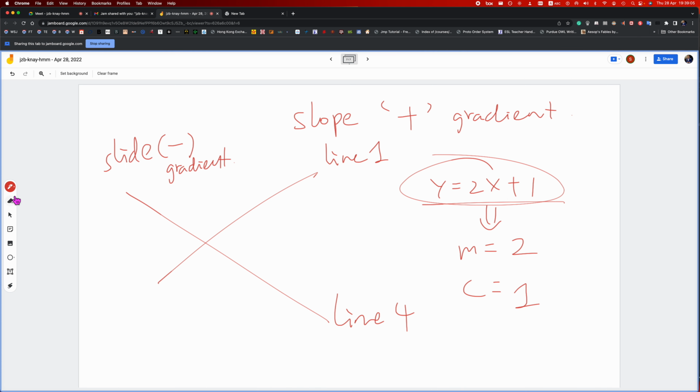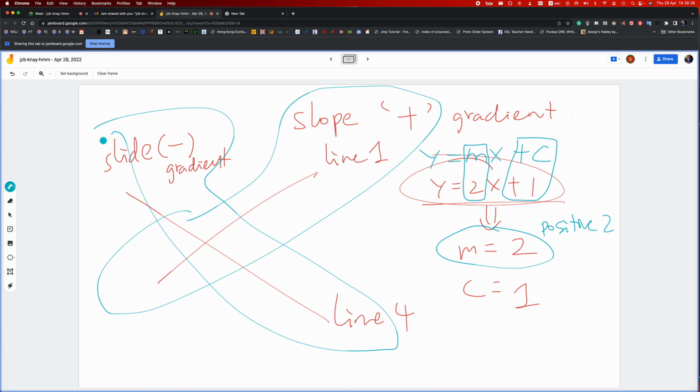You just write down y equals to mx plus c, then you just match. Therefore you get m equals to 2, c equals to 1. Are you clear? Okay, good. So now the m in this case is positive 2, right?